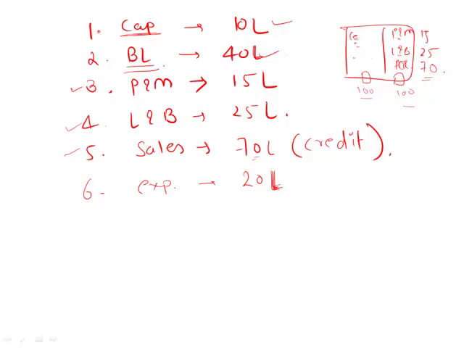Here, capital 10, bank loan 40. What is 110? The total. 50. No, this is 15. Oh, that means, okay, now this is a bit tricky. On the liability side, in fact, we will now have 4 items: capital 10, bank loan 40, profit 50, and then the tricky thing is that I am spending more money than what I have.